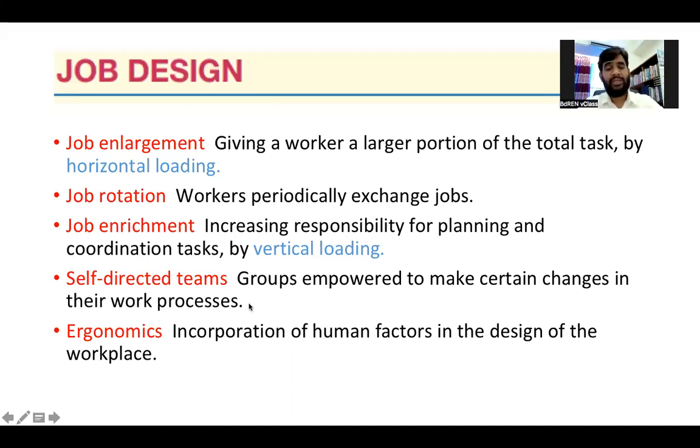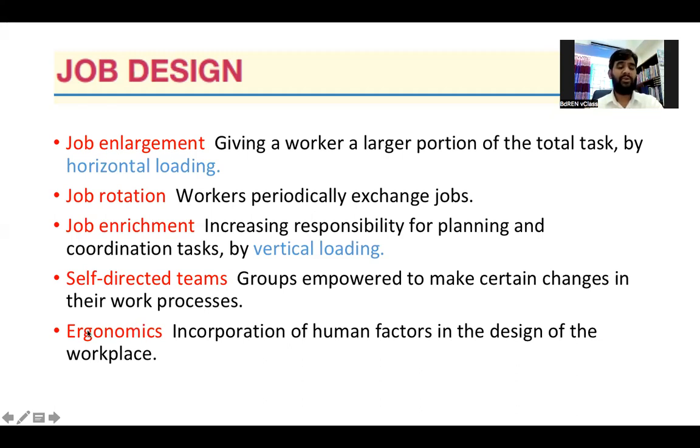Maybe the operations manager empowers one group on the floor who are self-responsible, self-directed. This team can make decisions without consulting anybody else. This is known as self-directed teams.